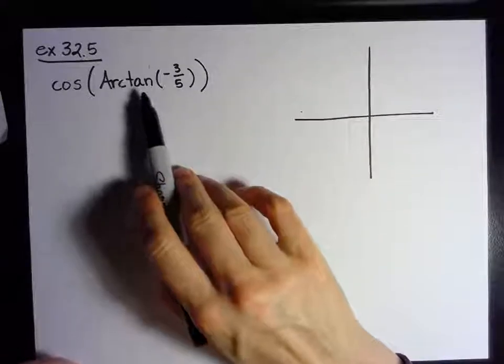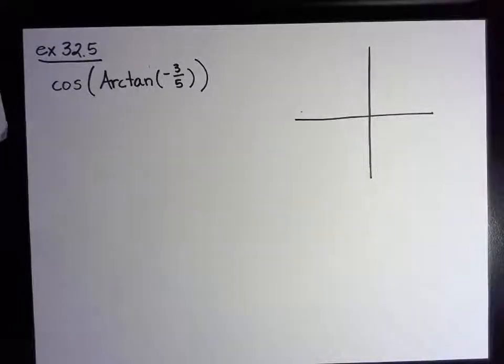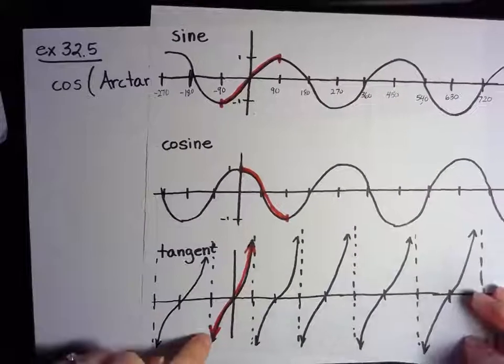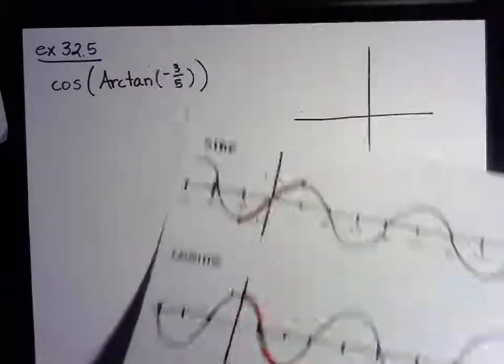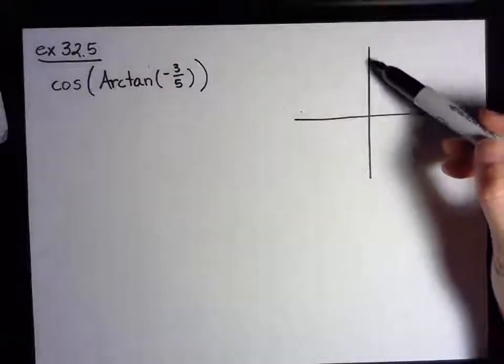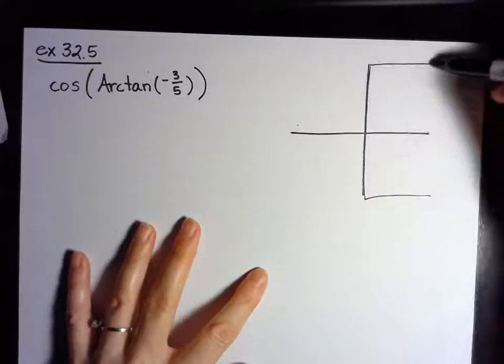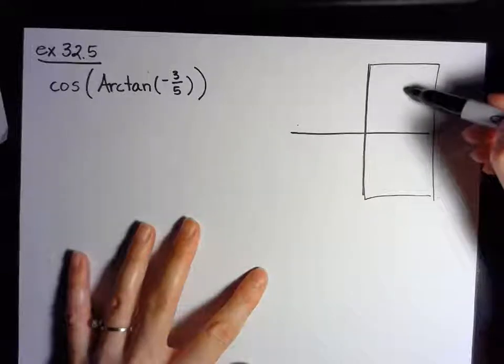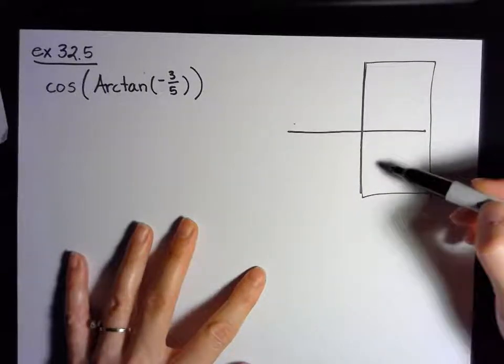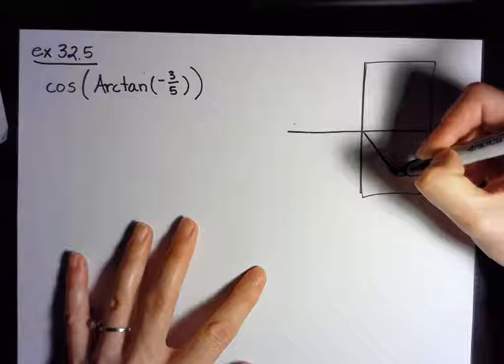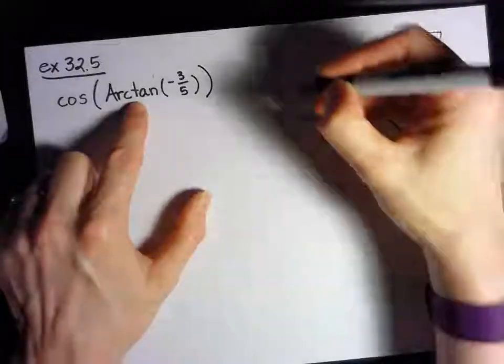And when we're thinking about the arctangent, we limit ourselves to -90 to +90, so we're only in these two quadrants. They're all positive here, which means it's got to be an angle down in the fourth quadrant.